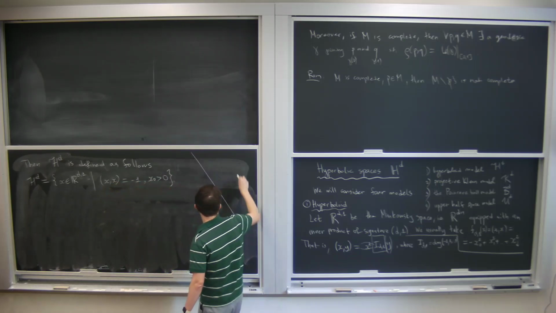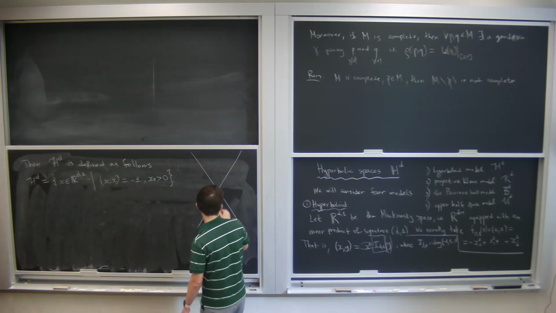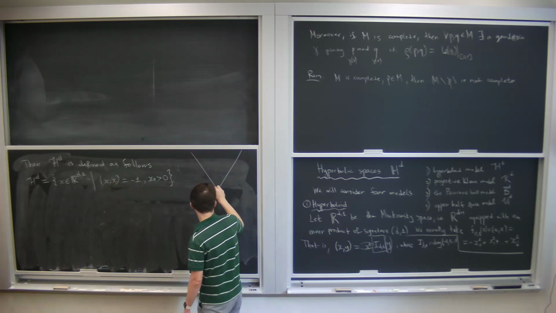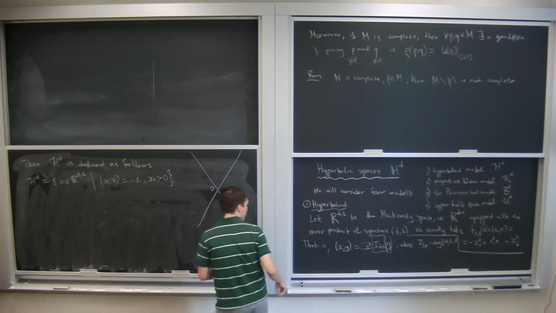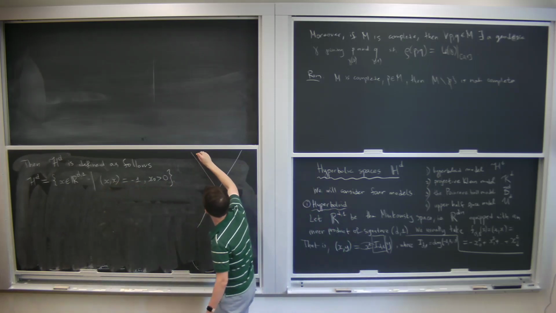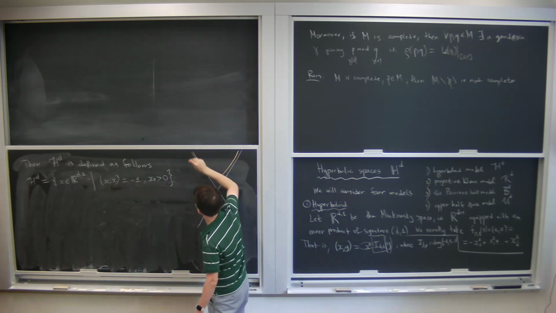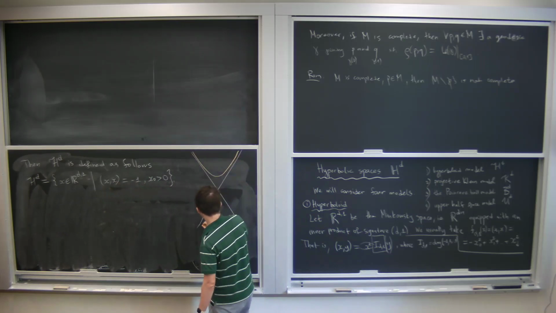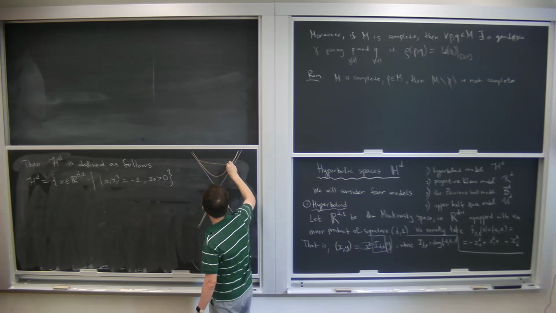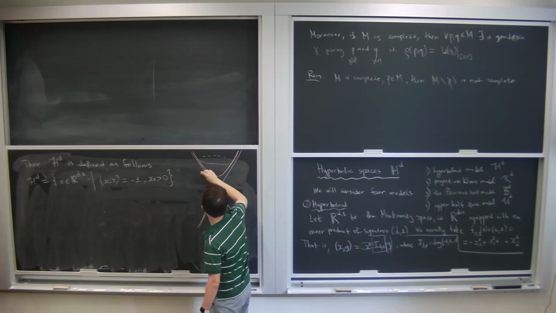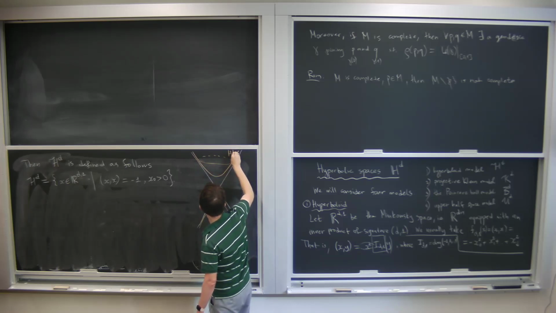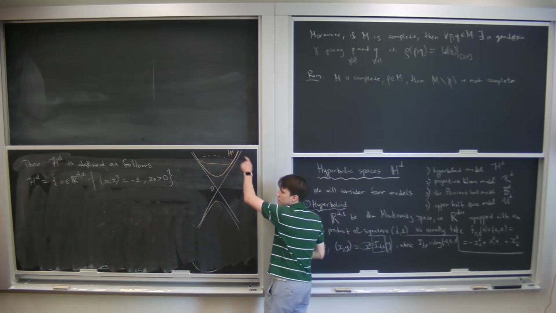And in the picture here, I have the cone, this is 0, and I also have this, well, it's not quite a quadric, but it's a submanifold in R^{D,1} having two connected components. And this is my HD, right? HD is right here.